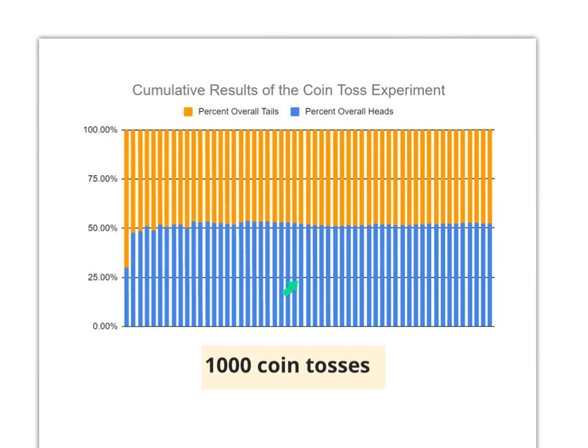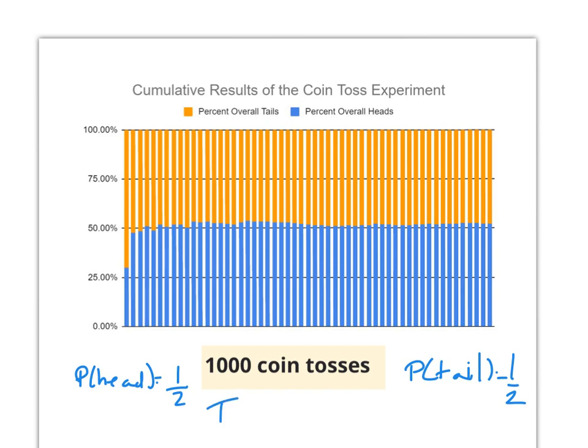And there were 55 of us that did this experiment, so there should be 55 bars, and we had a total of 1,000 coin tosses. Now, we know 50% is our theoretical probability of tossing a head or a tail, because theoretically the probability of a head would be 1 out of 2, and the probability of a tail would be 1 out of 2.